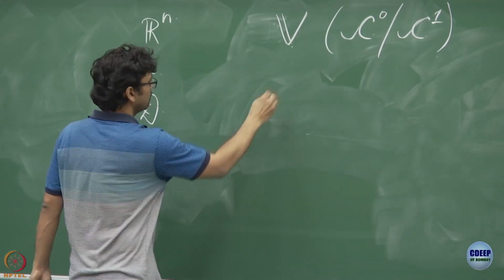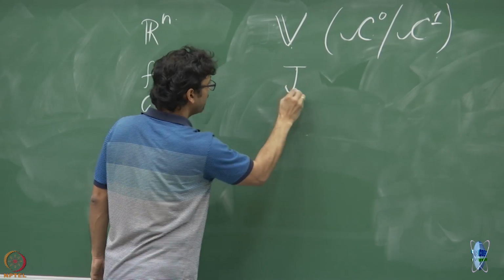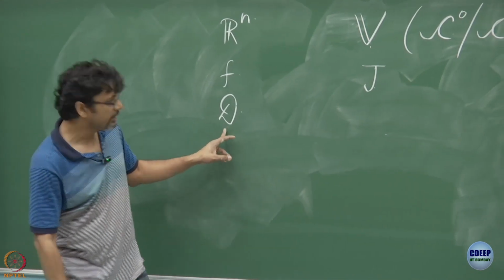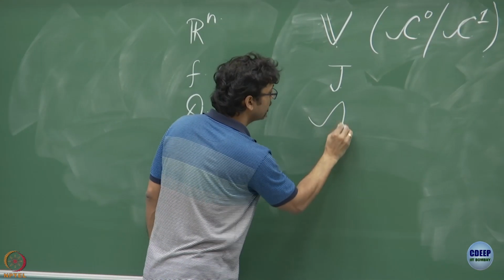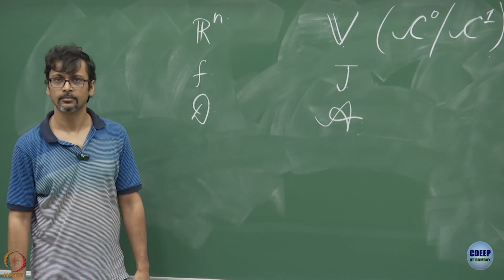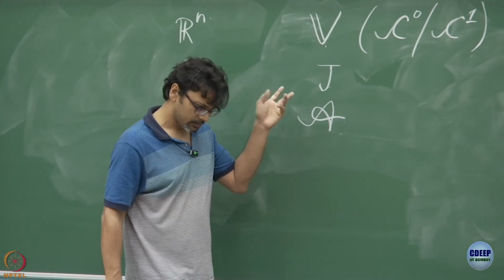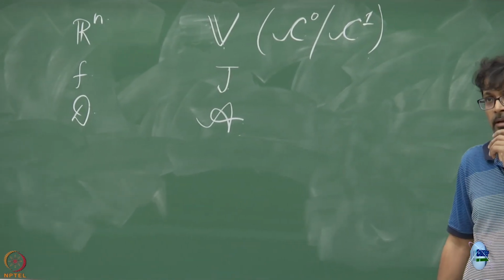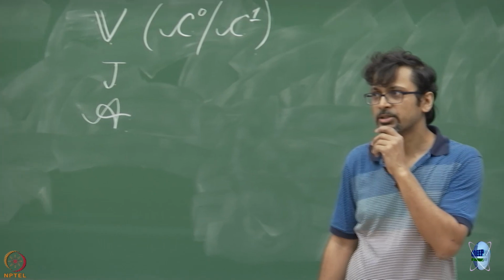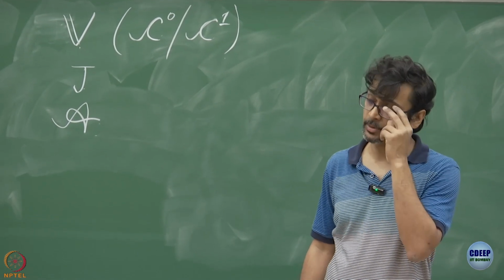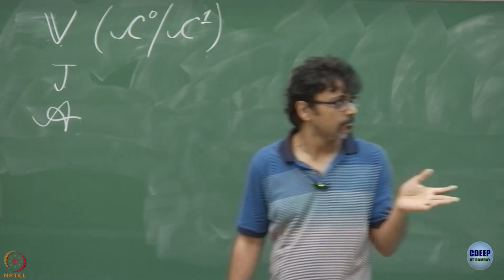Now we have this J, and instead of the domain represented by the curly D, let us represent it by a curly A. Also, the idea of norm is understood from the context, whether it is the 0 norm or the 1 norm, depending on whether we are talking about the strong extremal or the weak extremal.